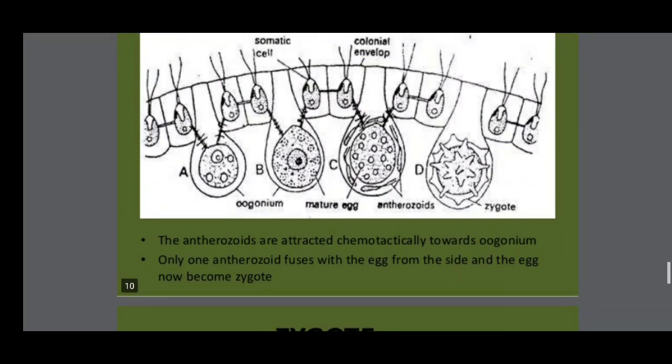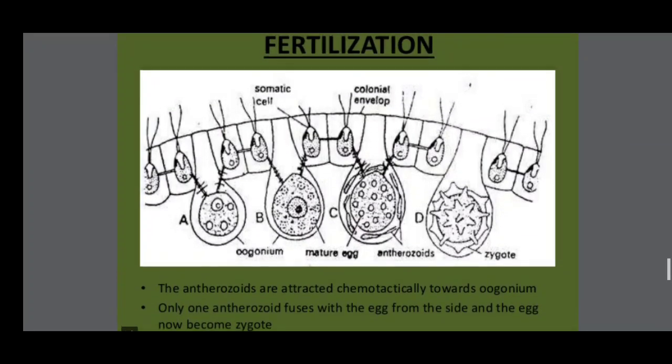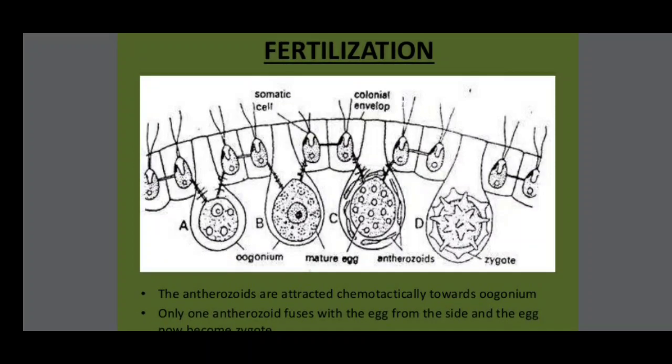So you observe this diagram. First, the posterior cells form gametangia. Here, the male gametangium, female gametangium, oogonium and antheridium are present. In the male gametangium, the protoplasm divides by successive divisions and forms many antherozoids.